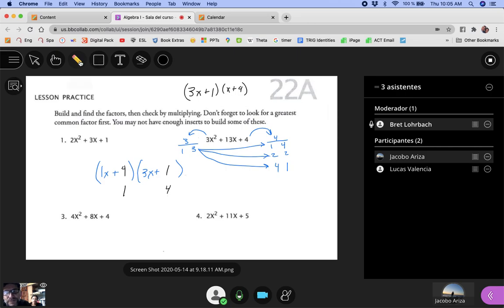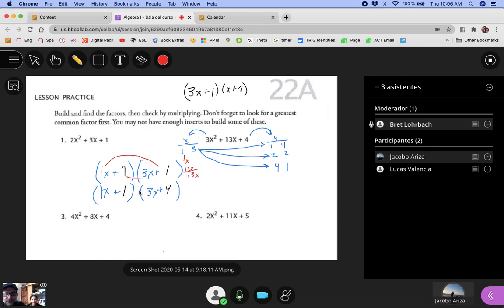Could it be the same? Will it give you the same answer? Is that what you're asking? Yes, doesn't matter the way we put it. Good question. Let's check. Is this the same? Check the middle term. What's the middle term here? 1x times 1, 1x. I'm sorry, yes. What's 4 times 3x? 12x.